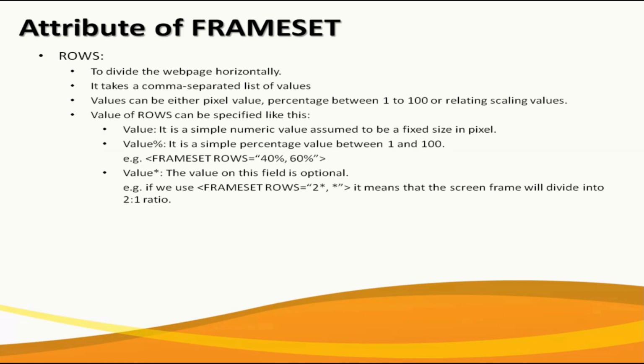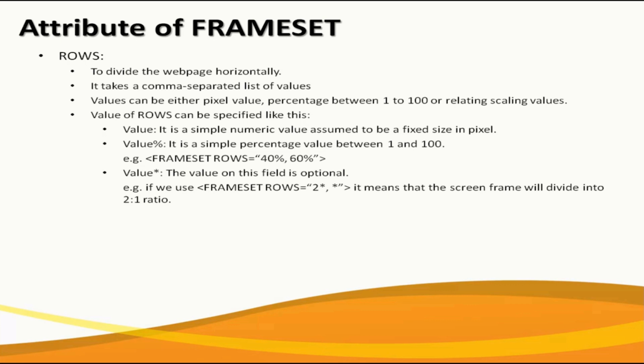Next is a simple percentage value between 1 and 100. If the total is greater than 100, all the percentages are scaled down. If the total is less than 100 and relative size frames exist, extra space is given to them. If there are no relative size frames, all percentages are scaled up to match 100%. Last one is the value asterisk. The value in this field is optional.